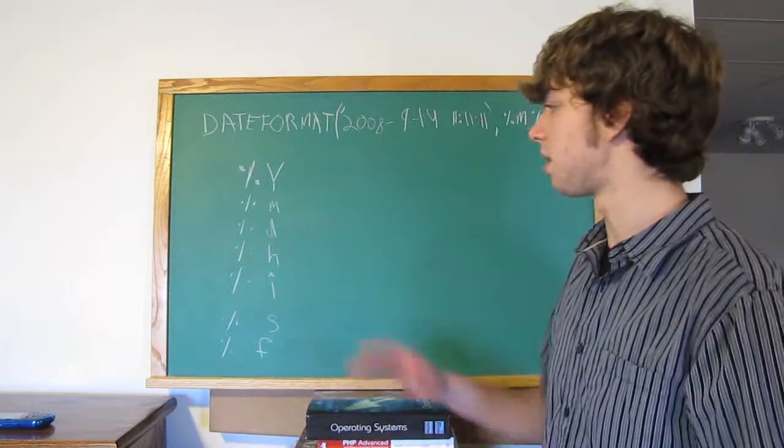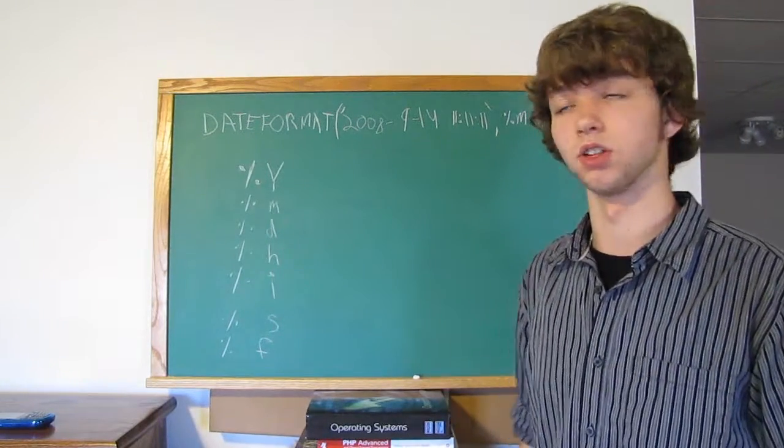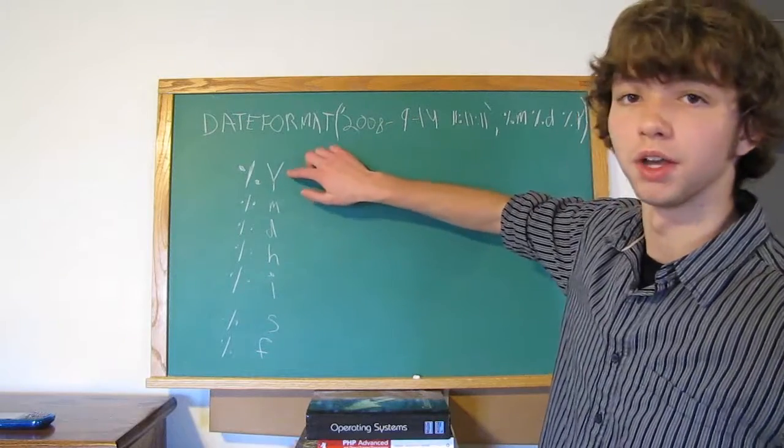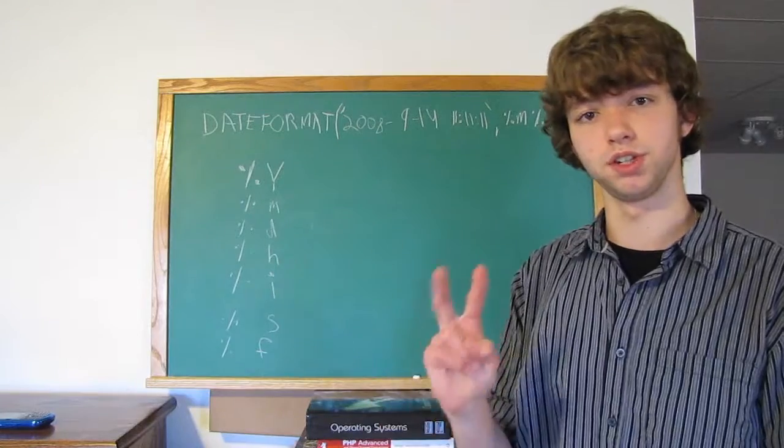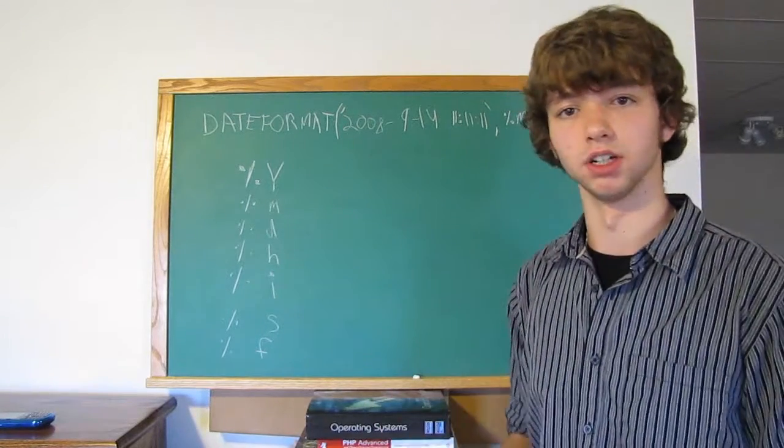Alright, so here are some common secret codes, as I like to call them. This is the year, capital Y. If it's a lowercase y, it represents a 2-digit year value, so like 95 or 82.